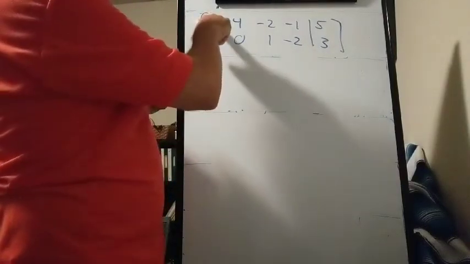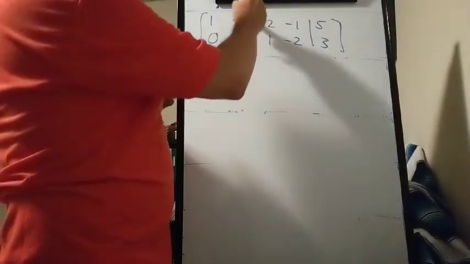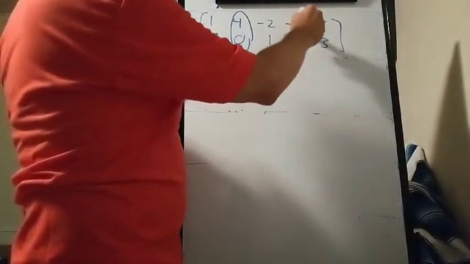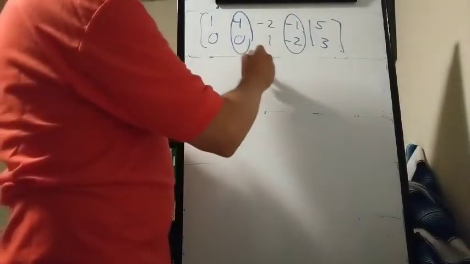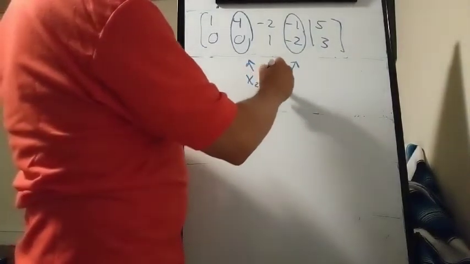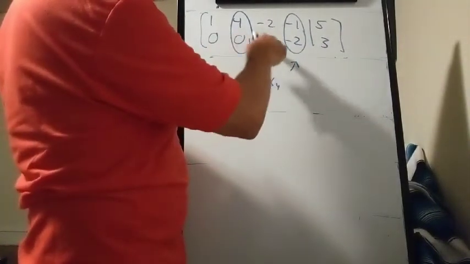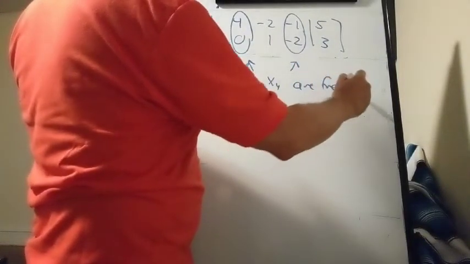We've got a leading one here and then a leading one a little further to the right in this row, but no leading one in this column, no leading one in that column. So that means that x2 and x4, 1, 2, 3, 4, are free variables.